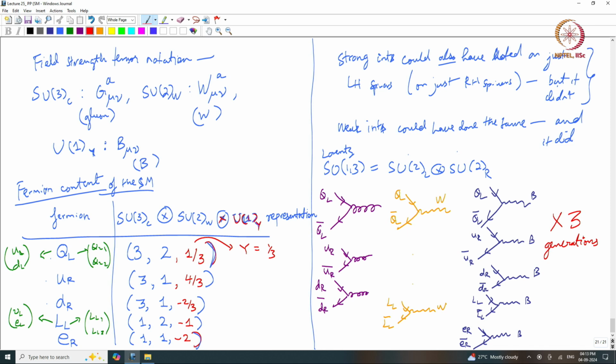I could have absolutely started out by putting indices all over the place and just saying that the I stands for a generation index. So I have up quark, charm quark, top quark for QL and for all the QL, UR and DR, and similarly I would have electron, muon and tauon for the leptons. Okay, that is indeed the matter content of the standard model.